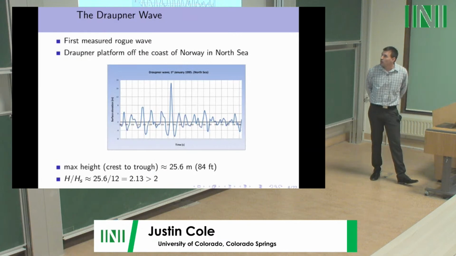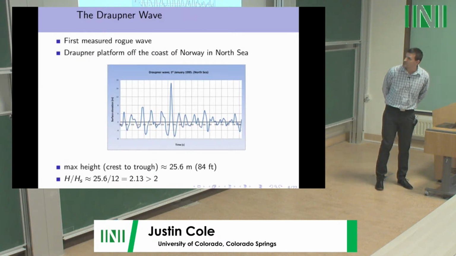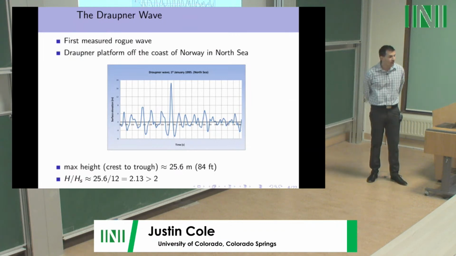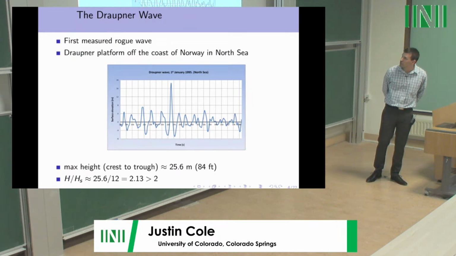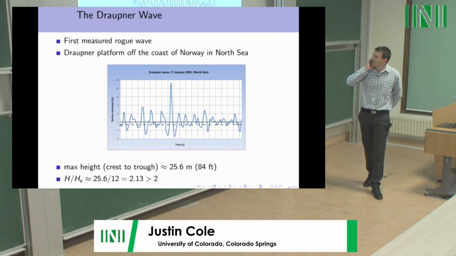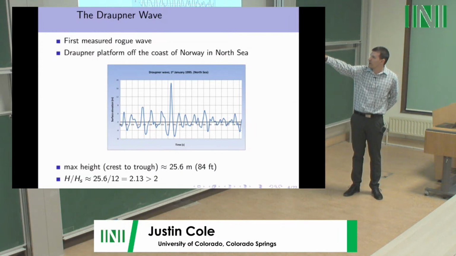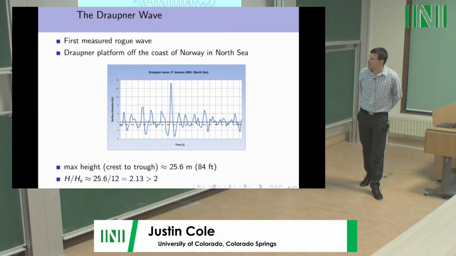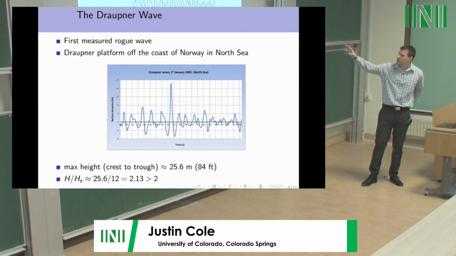So one could trace the origins of the scientific study of rogue waves to the well-known Draupner wave at the Draupner platform off the coast of Norway. Here's the well-known time series. You have the time and the surface elevation at the location of the measurement.